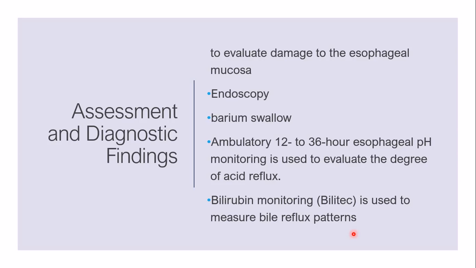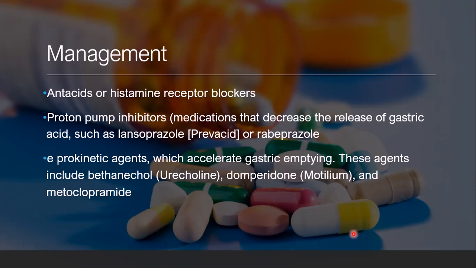Now the management. So management, we are having antacids or histamine receptor blockers. So here the person is facing an issue like acidity, right? So we will give them antacids to subside that symptom. Then proton pump inhibitors. In this we are using some medications which will actually decrease the release of gastric acid.